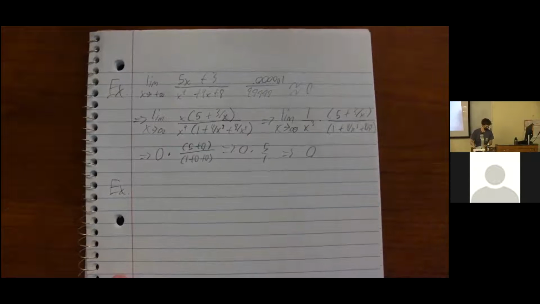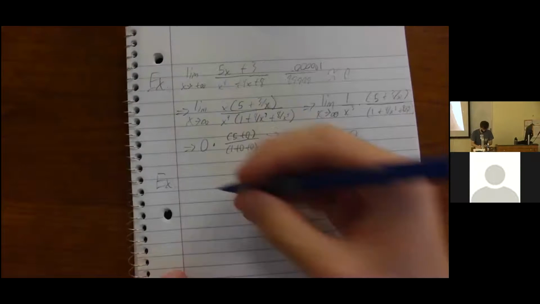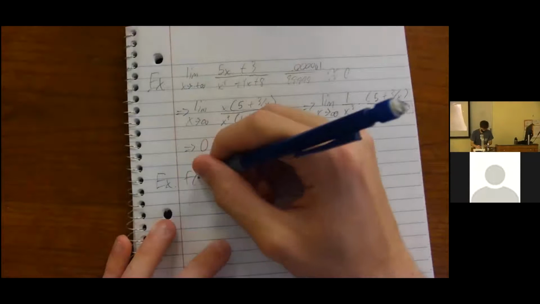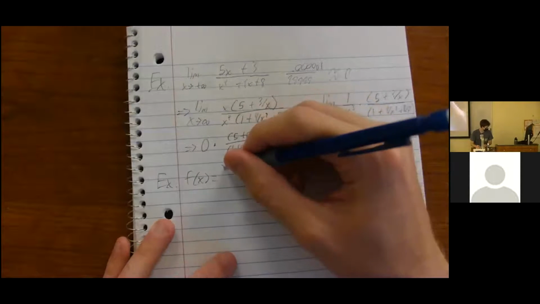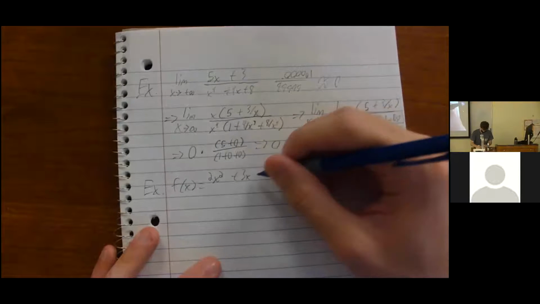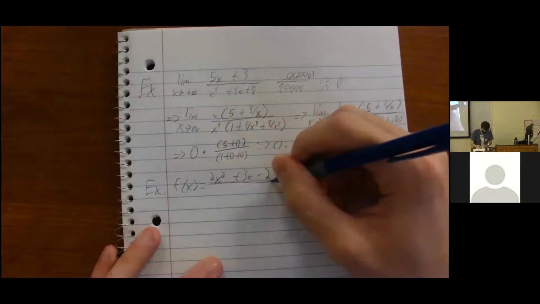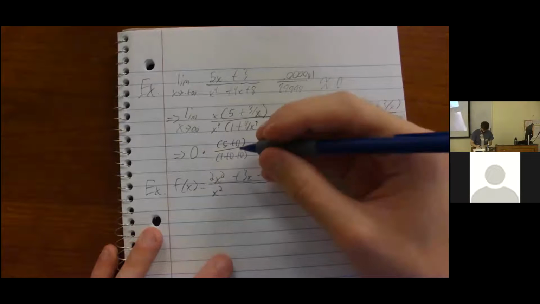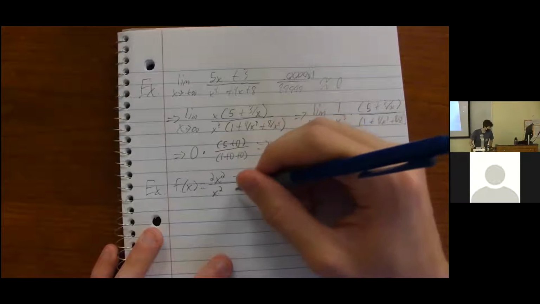Showcasing these things. Okay, I'm actually going to do an example combining this idea of horizontal and vertical asymptotes with limit statements as well. So say I have f of x equals 2x squared plus 3x minus 2 over x squared minus x minus 6.